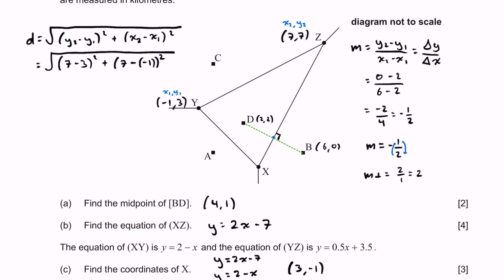All right, and then we can write that out within our calculator. I want to simplify this just a little, actually. 7 minus 3, that's equal to 4 squared. And 7 minus minus 1, remember, this will turn positive right here. So essentially this will be 8 squared.